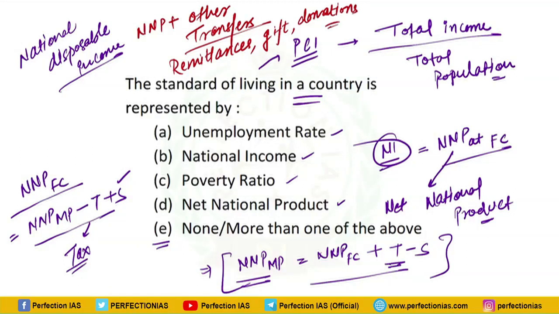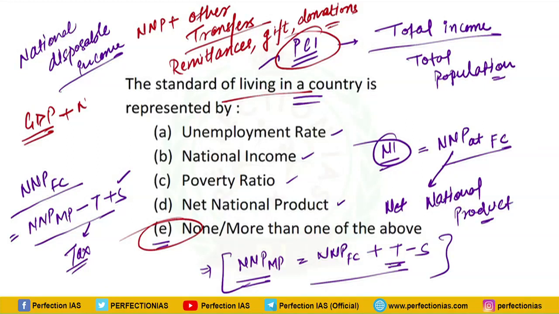So the correct answer of this particular question is going to be E. Why E? Because PCI, per capita income, is the better, more accurate indicator. One more thing, GDP, that is gross domestic product, plus net factor income from abroad will give us GNP.